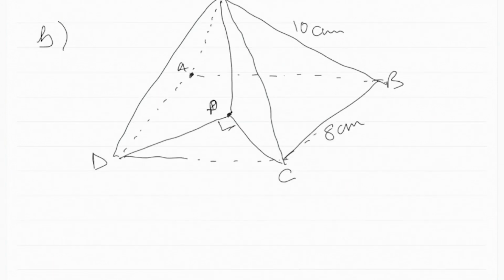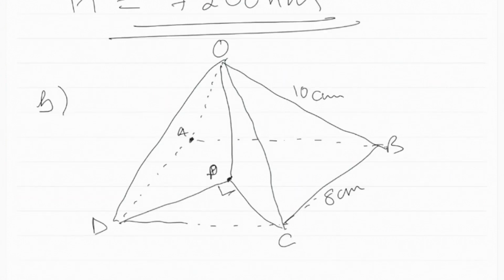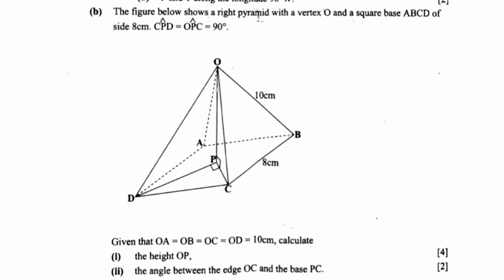Now, what is the first question saying? They're saying given that OA equals OB equals OC equals OD equals 10 centimeters. Why? It's because it's a square-based pyramid. That's why we're having these slanting sides equal.